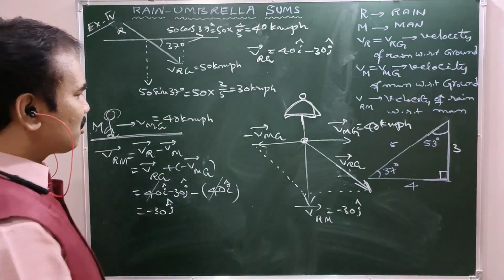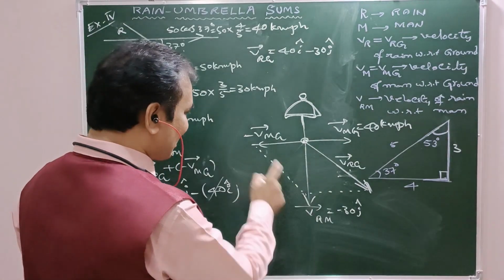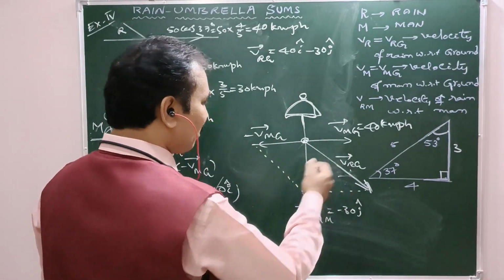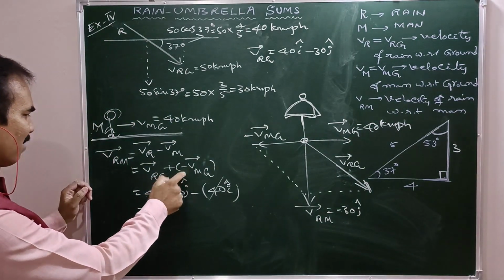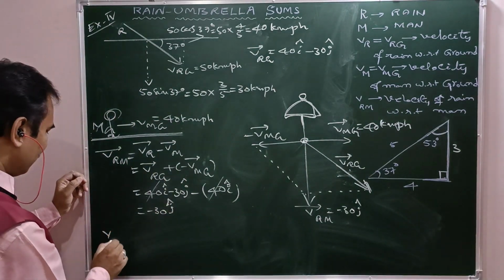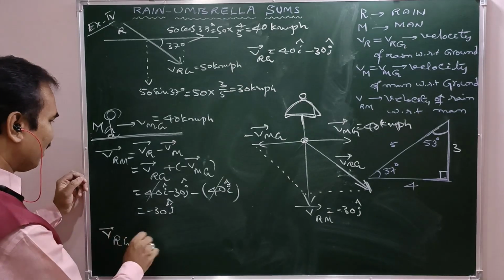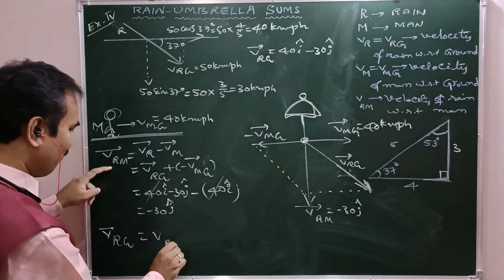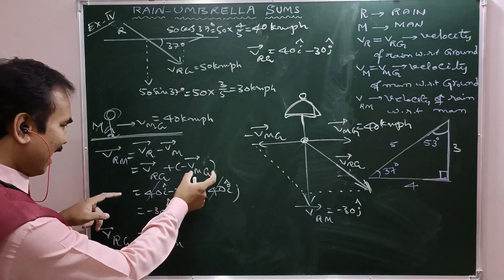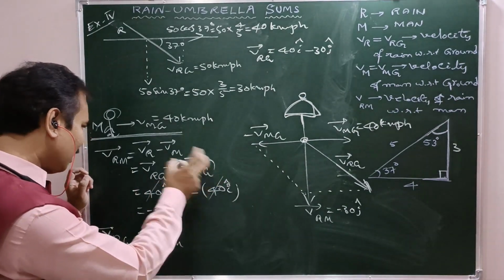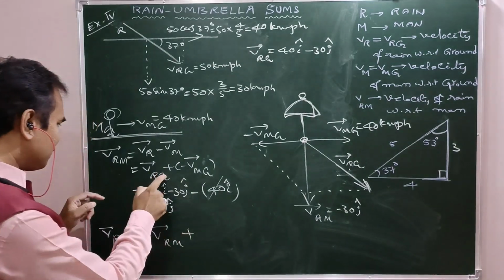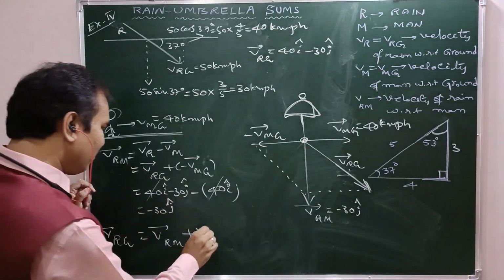Now, of course, this is the resultant of these two vectors. Suppose I make VRG the subject: VRG bar equals VRM bar, carry minus VMG onto the left side and it becomes positive, so VRG equals VRM plus VMG.